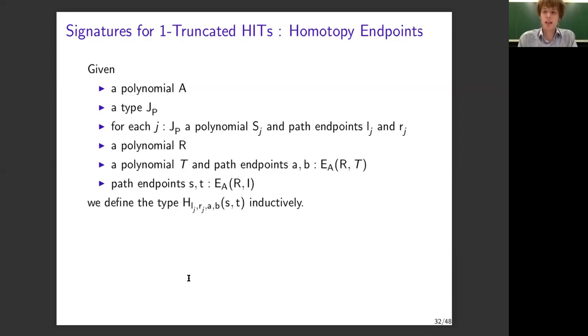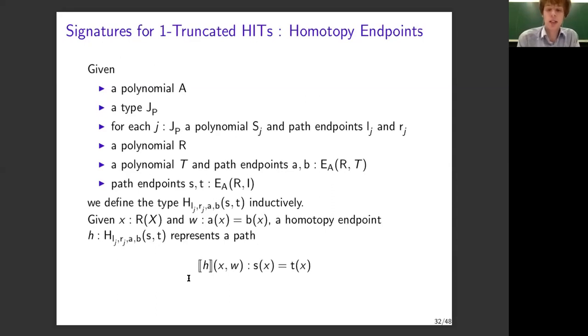This type has quite a lot of constructors, and I won't show any of them. You can think of them as the identity path, inverses, composition, applying the point constructor on some already given path, one of the path constructors you gave, or the path argument. So there are quite a lot of them.